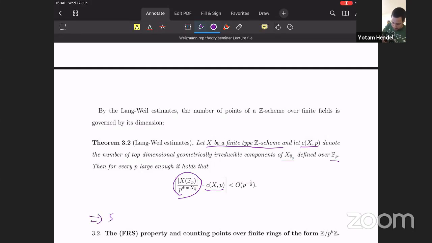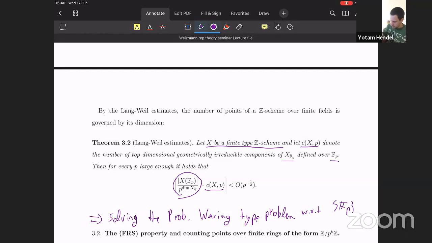And this means that solving the probabilistic Waring type problem with respect to finite fields is the same as asking what is k such that this map is flat.